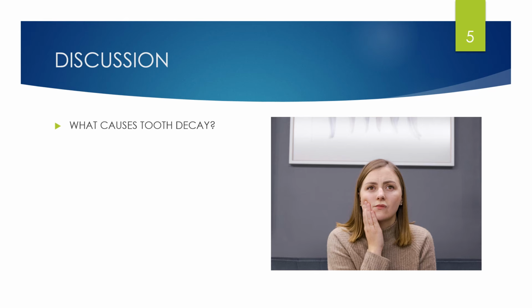So, one may ask, what causes tooth decay? In simple language, in your mouth, we do have bacteria. When you eat food which contains sugar, the bacteria in your mouth acts on the sugar to produce acid, and this acid attacks the tooth, and that's what leads to decay.